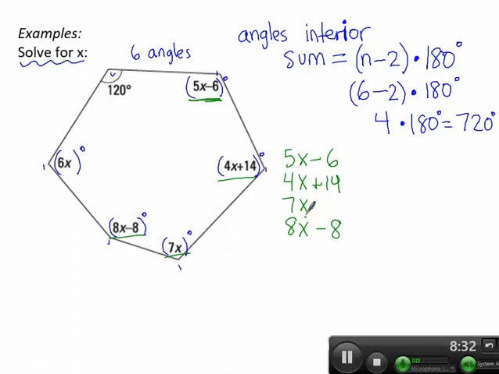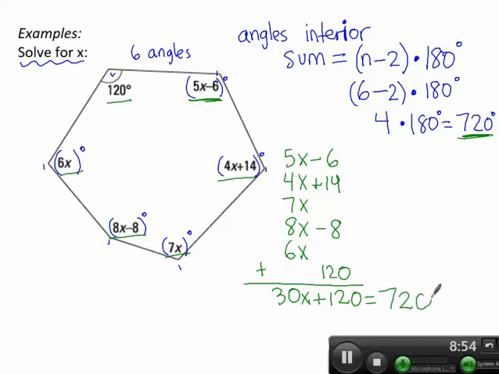Notice I'm lining up the like terms. 6x, and finally 120. 120 goes in the column where there are no x's. Draw a line, a plus sign. Adding these up makes 30x plus 120, and that has to equal 720. Now we can solve that equation.